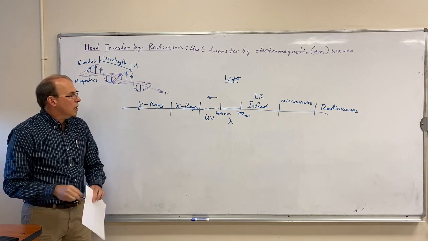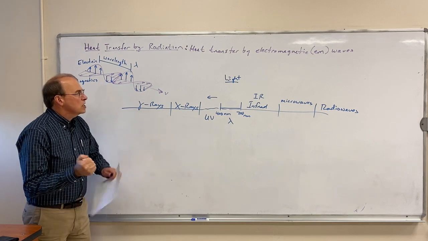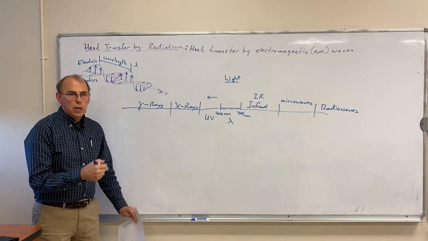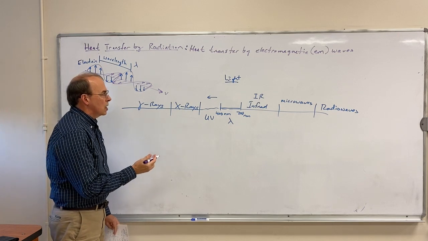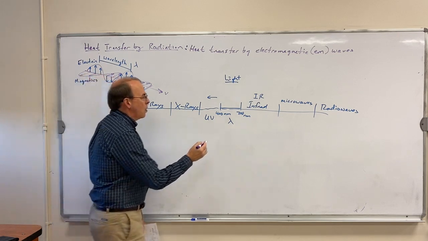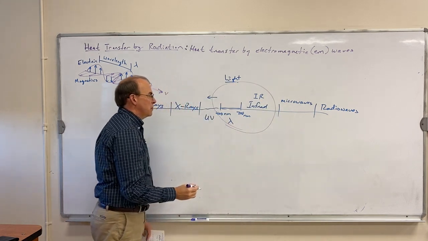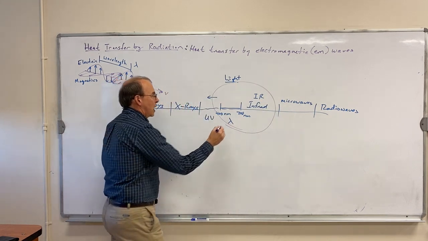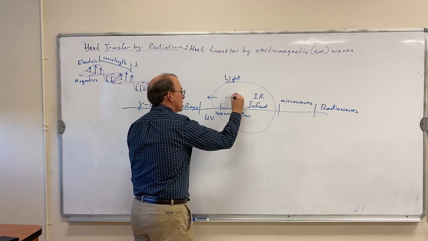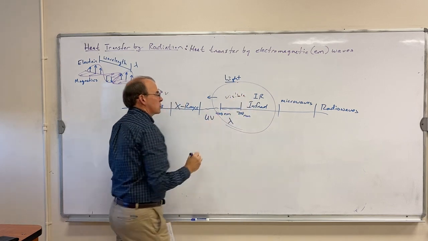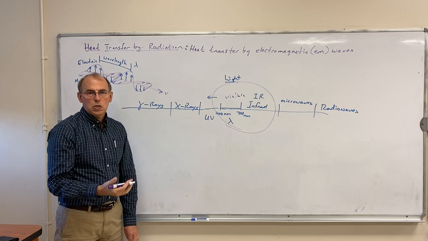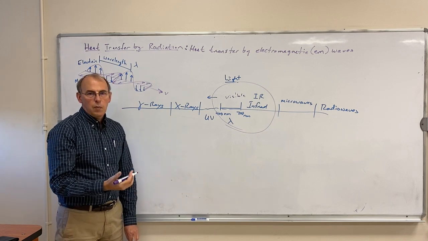What we're talking about today is when these waves transfer energy from one location to another. For our purposes at the moment, we're mostly talking about this region of the spectrum, when heat is being transferred by visible, infrared, or ultraviolet light. That's what mostly comes from the sun and from hot objects.